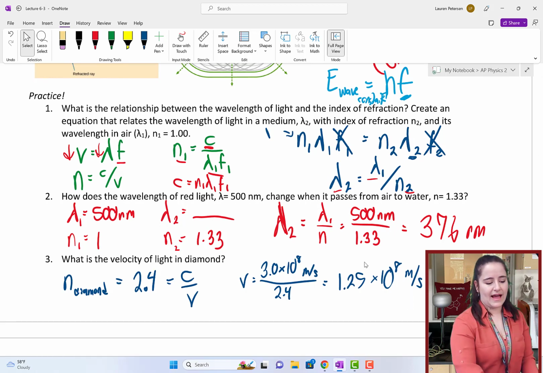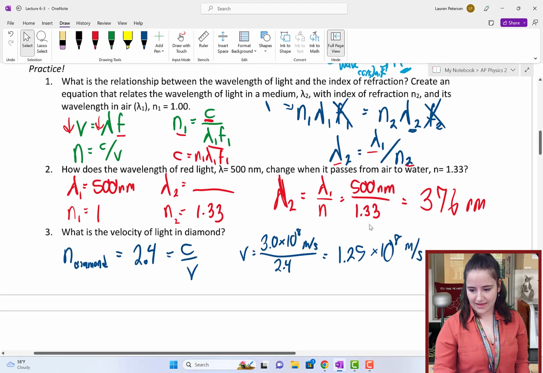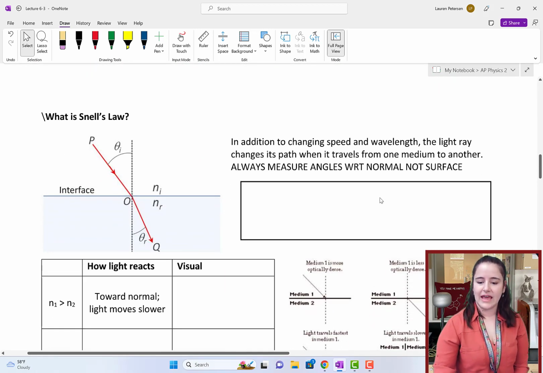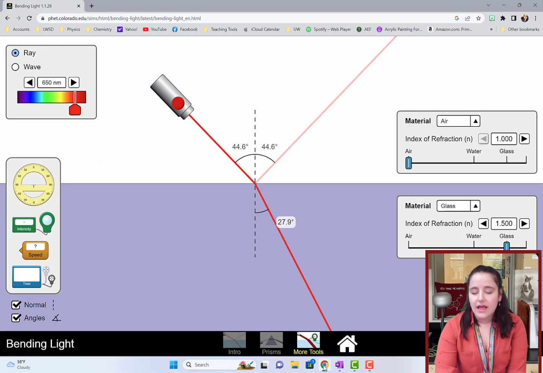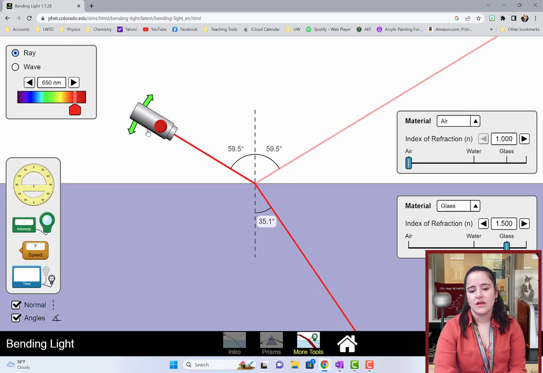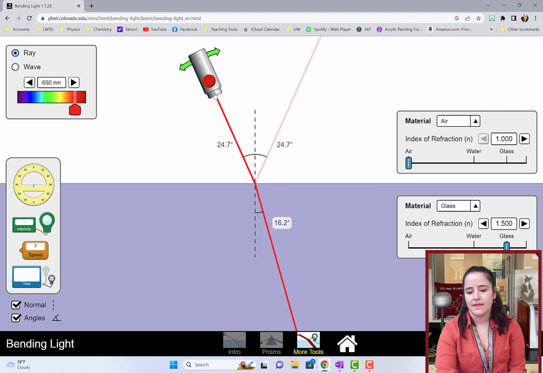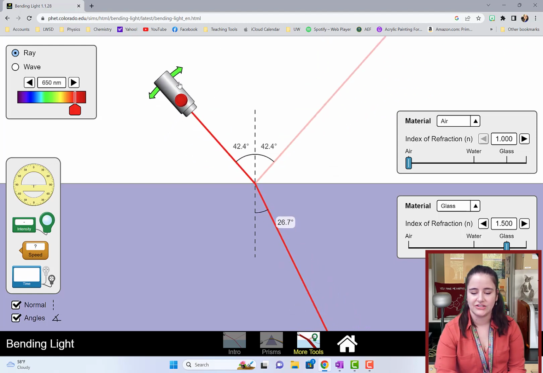The way that we actually use this index of refraction is through Snell's law. So for refraction, we can see that as I move this laser pointer, this line also moves, that refracted angle changes.